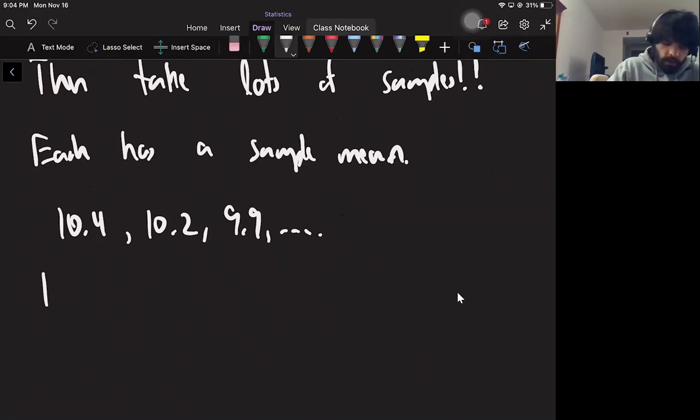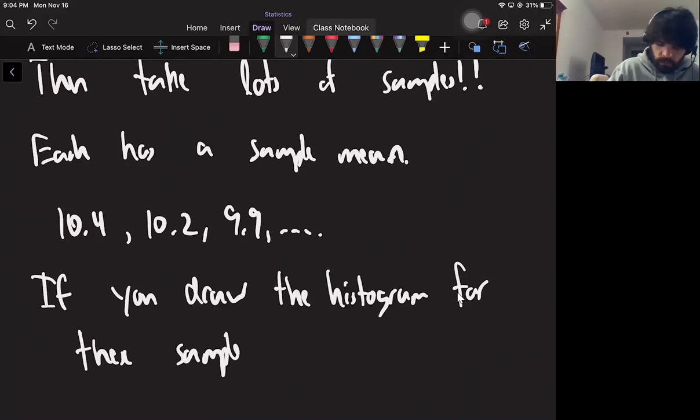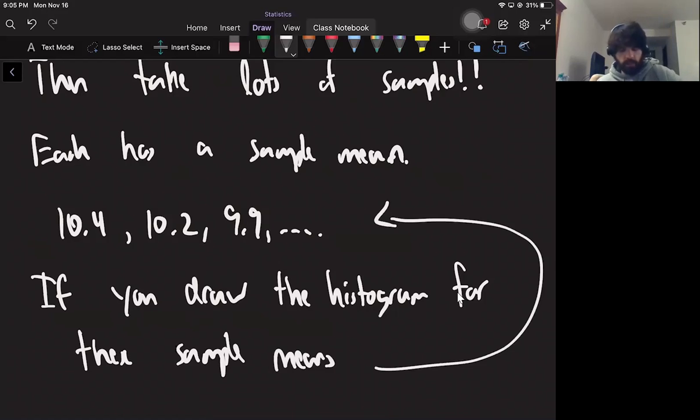So then if you draw the resulting histogram using this data set, all those sample means you've got, you draw the histogram.